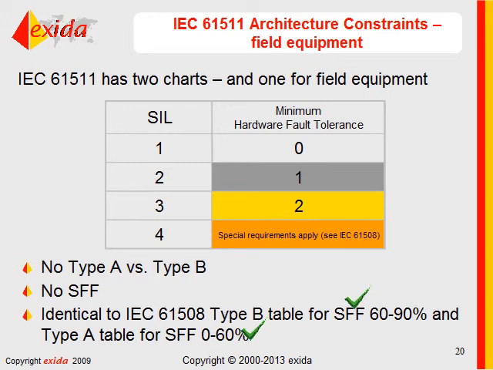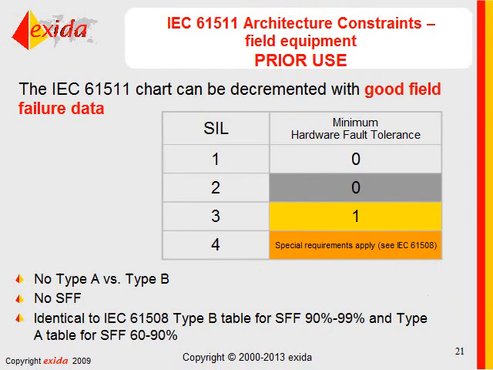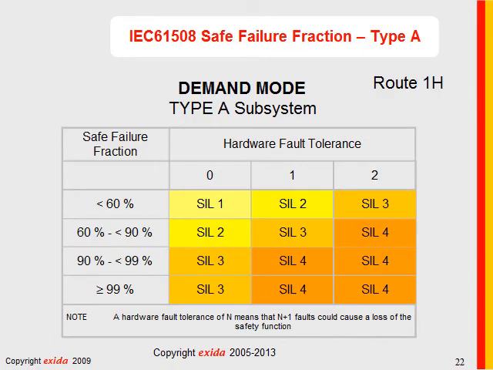And there was a time back in the 1980s, 1990s when this is probably a good assumption. 61511 prior use clause says we can reduce the levels of redundancy by 1 level if we have good field failure rate data. So basically we have 3 charts, 3 different ways. Most people, however, will probably just switch over to the 61508 tables.